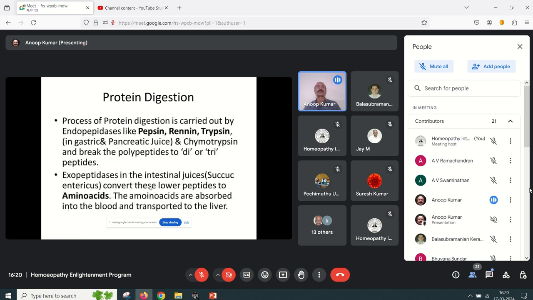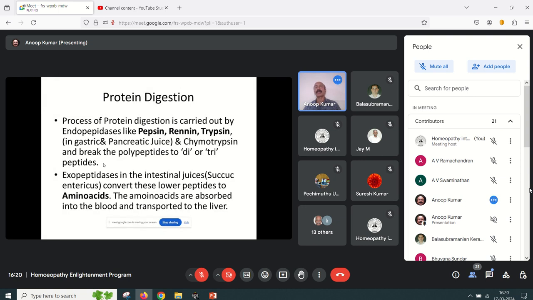The process of protein digestion is carried out by the endopeptidases, peptidases like pepsin, renin, and trypsin in the gastric and pancreatic juice, and chymotrypsin, and they break the polypeptides into di- or tripeptides. A polypeptide has more than five peptide molecules combined together.